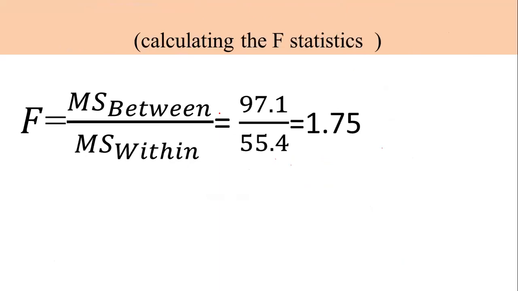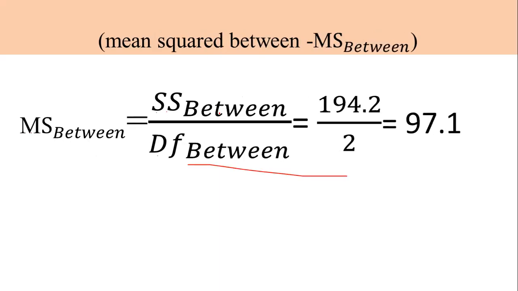Our F statistic is MS between all over MS within. You see, mean square between, which was SS between over the degree of freedom between, was 97.1.